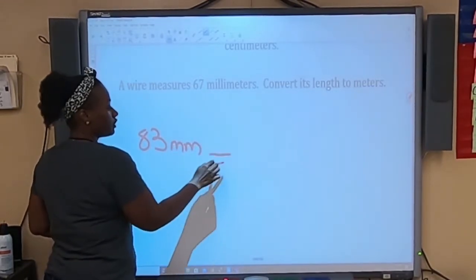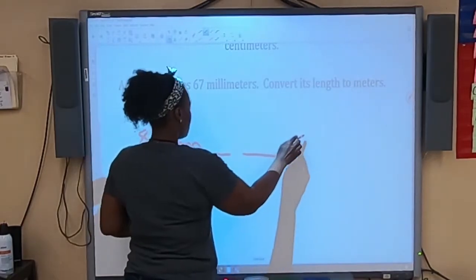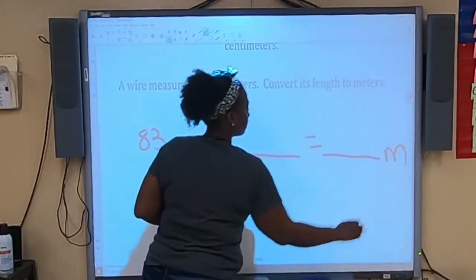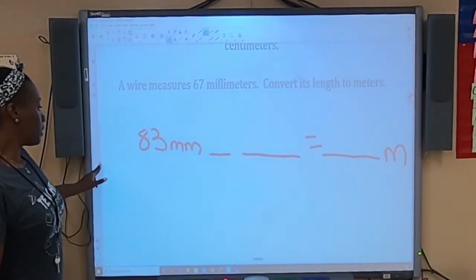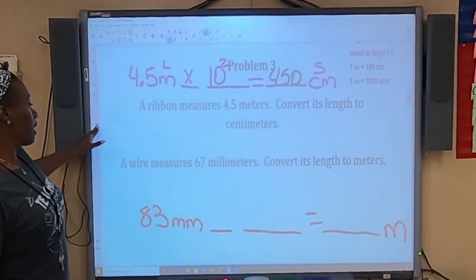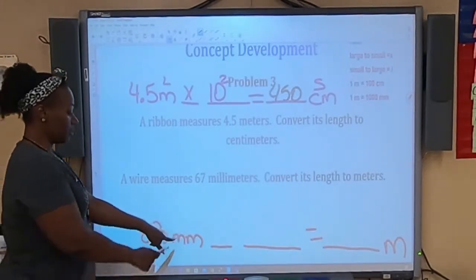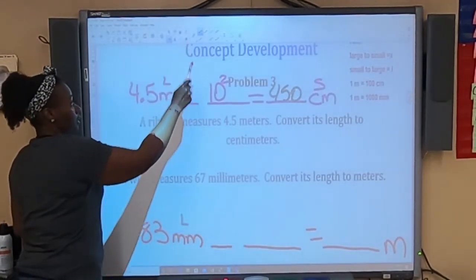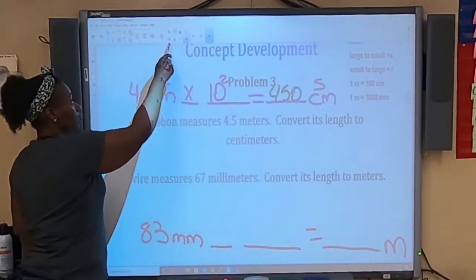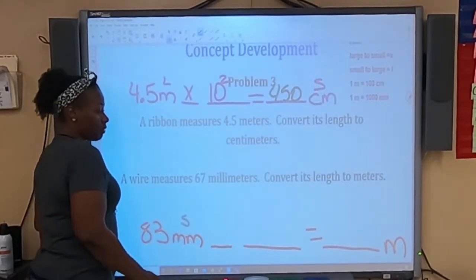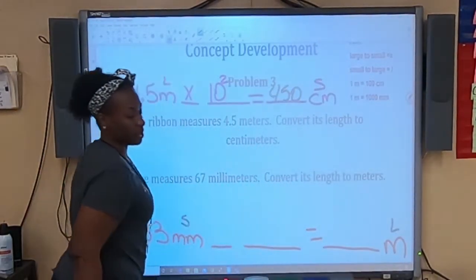I need an operation and a power of 10, and we're going to change it to meters. Remember that first step. I have to figure out which is my large unit and which is my small unit. Well, I know millimeters are really small, which means my meter is my large unit.